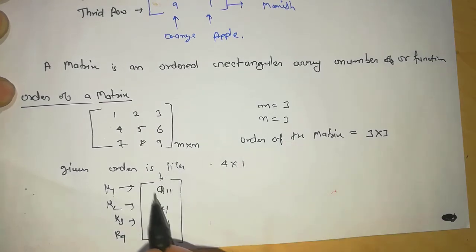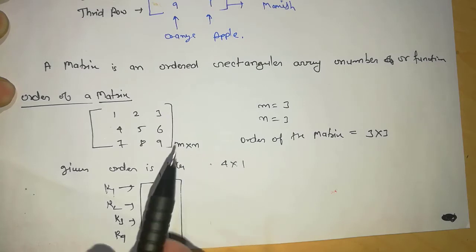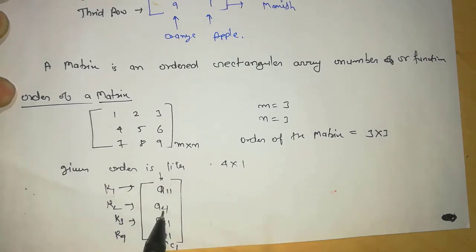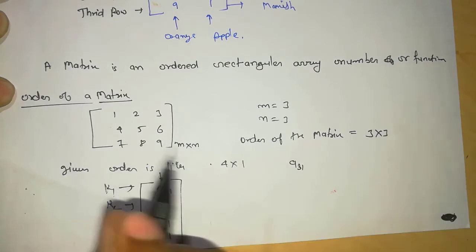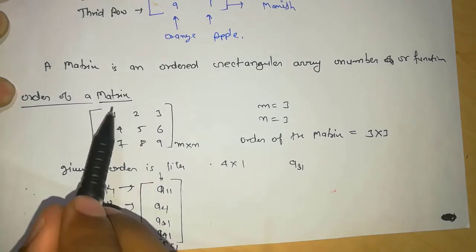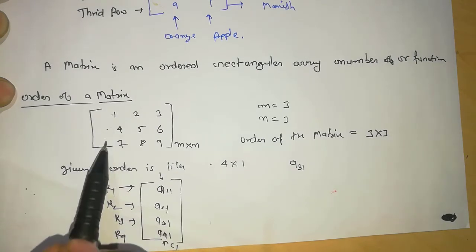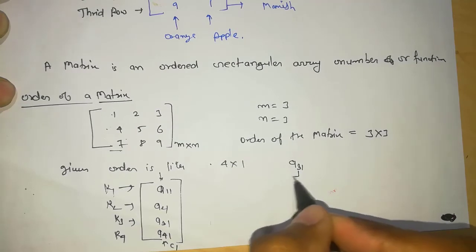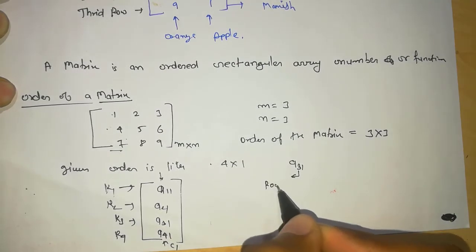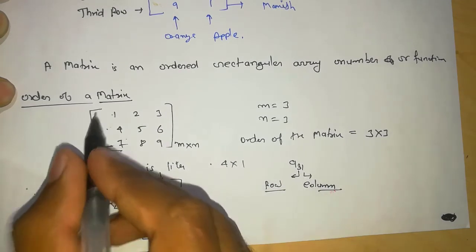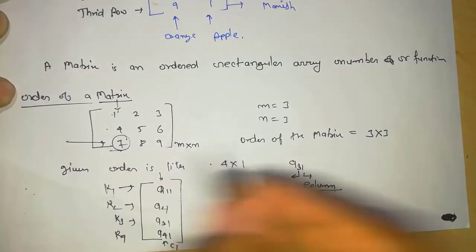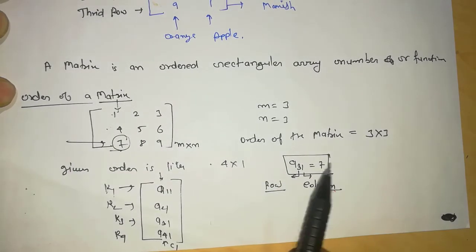Here A11 represents the address of the first element, and A21 represents the address of the second element. If I want A31, it is the third row and first column; the first number shows the row and the second one the column. So A31 is the address of the number 7 element.